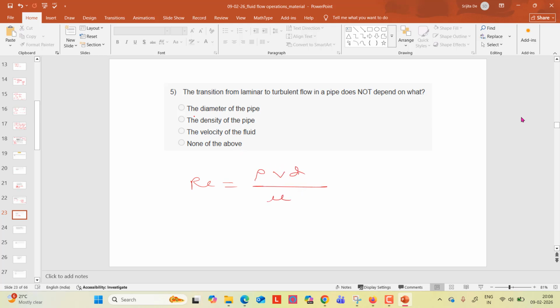So it does depend on the diameter, it does depend on the density of the fluid, not the density of the pipe, right? It obviously depends on the velocity of the fluid. So it is the density of the pipe. Right answer is option B.